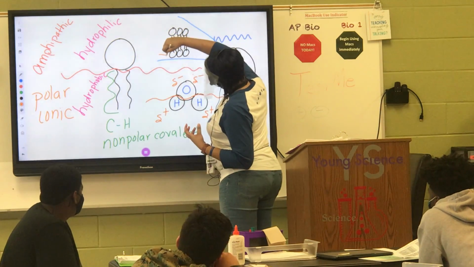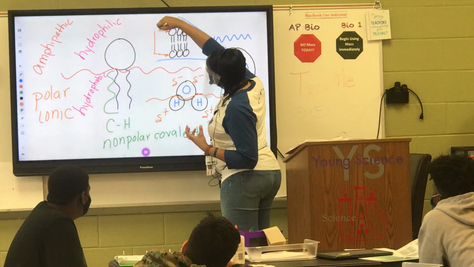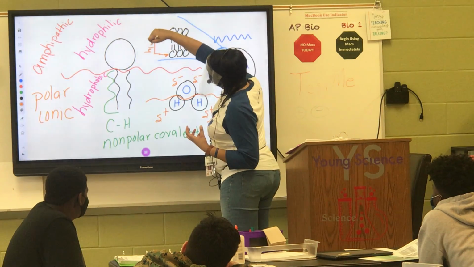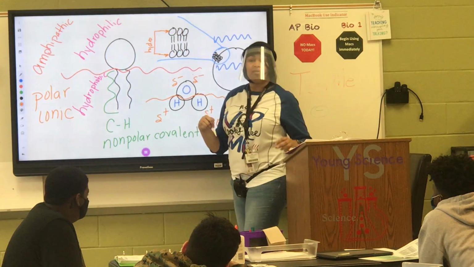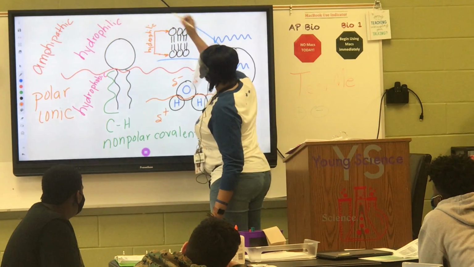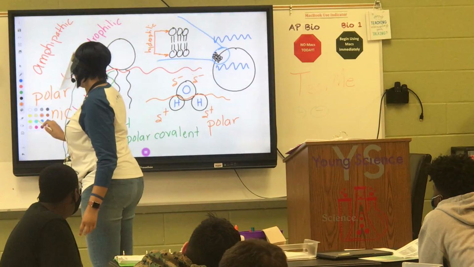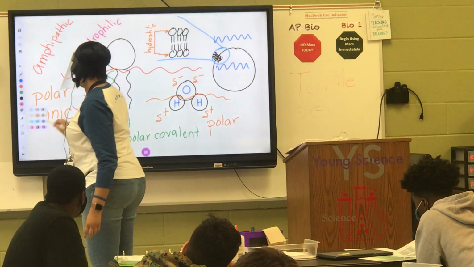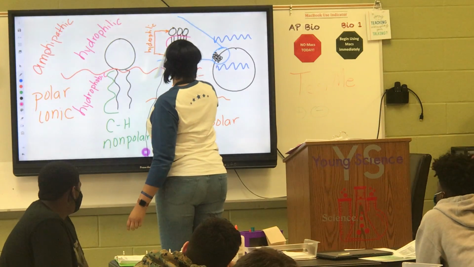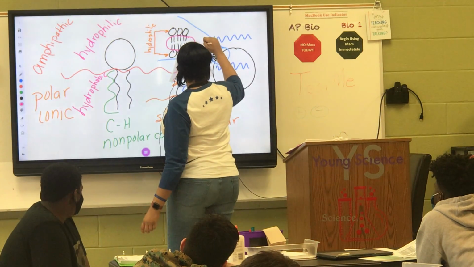The region where the heads are located is a hydrophilic region. But what about the region where the tails are located? What do I call that region? Hydrophobic. So this region is hydrophobic.